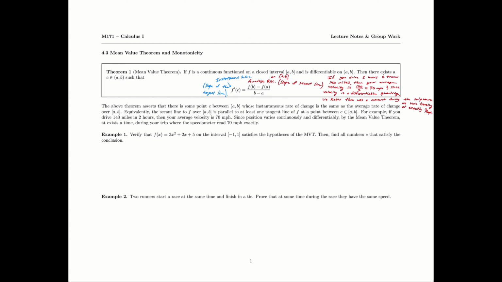So if our average velocity over the two-hour trip was 70 miles per hour, then there was at least one moment in time where the speedometer on the car read exactly 70 miles per hour. Okay. And that's essentially what this says right in here.